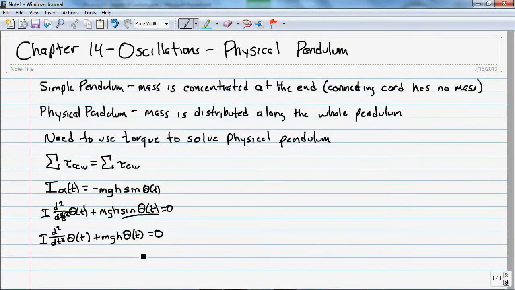And we can solve this like we would any other differential equation, and we'll find that our omega value will be equal to the square root of mass times gravity times height divided by our moment of inertia.